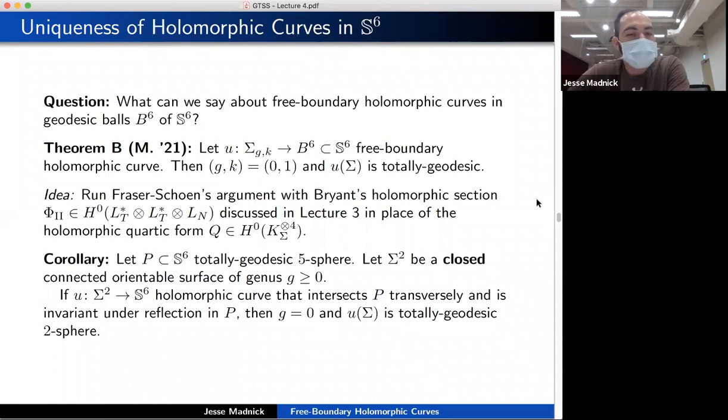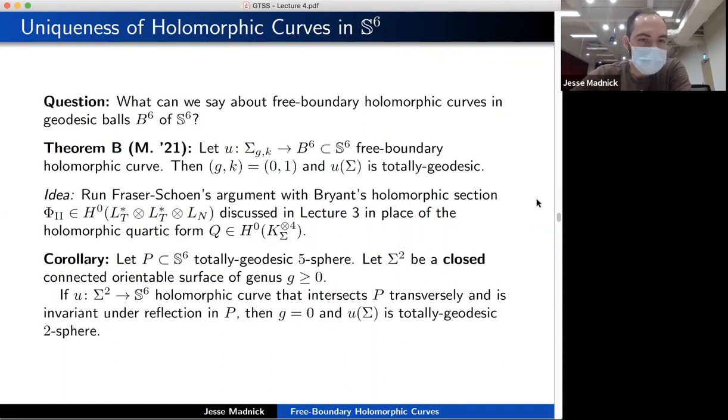If you have a holomorphic curve of that topological type, closed, connected, genus G into S6, and if it's reflection invariant under P, and it intersects P transversely, then in fact, your genus has to be 0, and U of sigma must be the totally geodesic 2 sphere. Okay, so this is a rigidity result for reflection invariant closed holomorphic curves in the round 6 sphere.